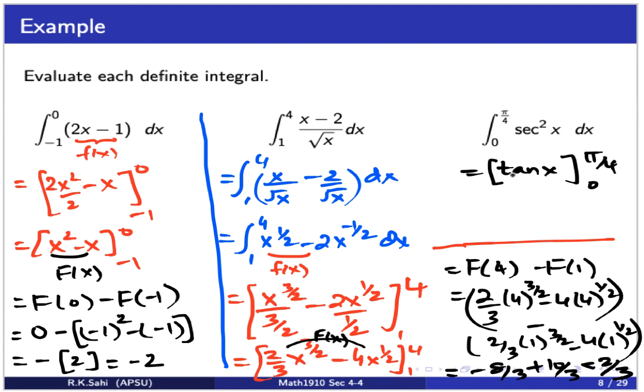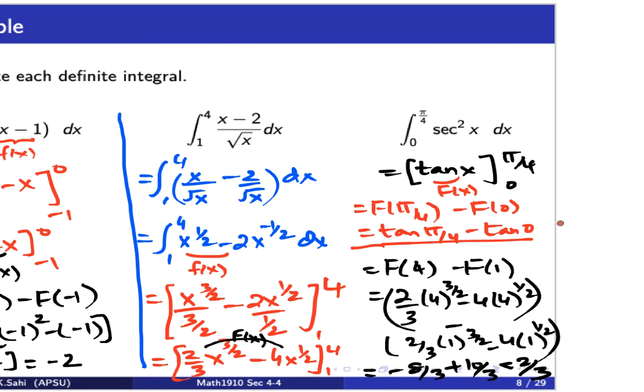Now your antiderivative, remember, this one is capital F of x, which is F of pi over 4 minus F of 0, which is tangent pi over 4 minus tangent 0. Now notice tangent pi over 4 is what? 1 minus 0. Final answer, 1.